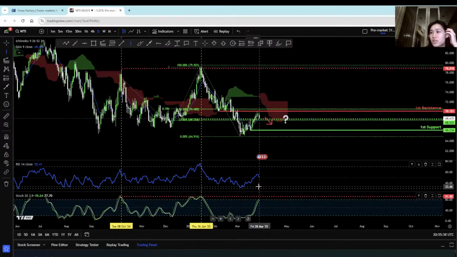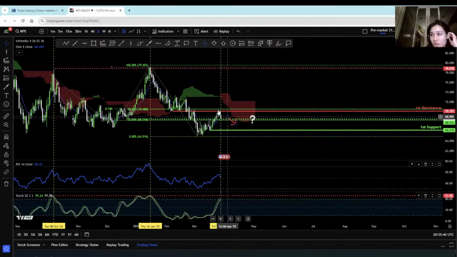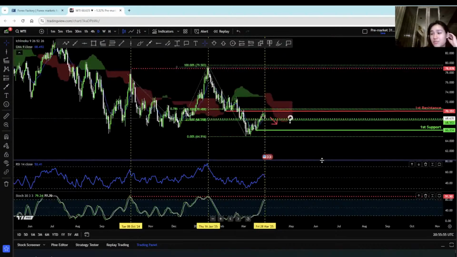But if you look at where price is currently at, it's approaching that resistance level, but obviously on price it's made a lower low. So this is also a bearish signal here.